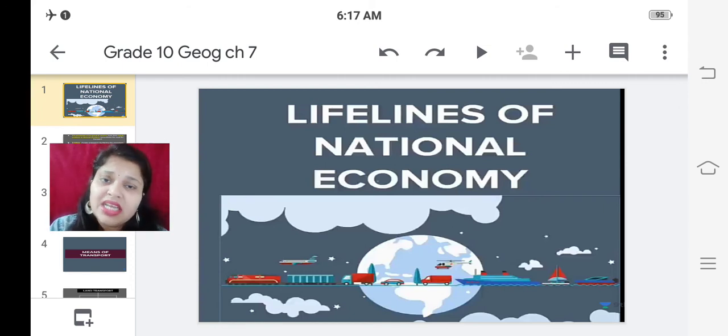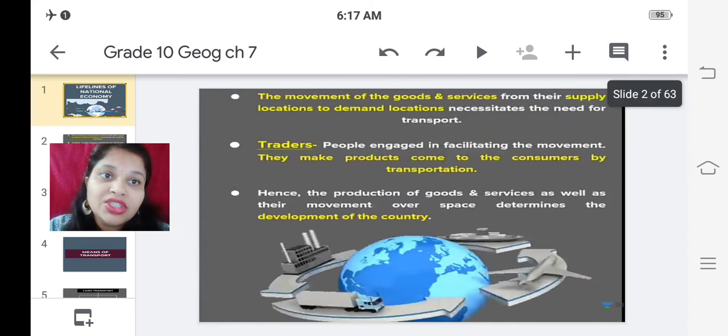And if there is less transportation of goods from one place to another, if there is less trade, if there is less communication development in the country, then that country is not getting economically developed, right? So transportation, trade and communication, these are the three pillars, lifelines of any nation's economy. We are going to study these three factors of national economy in this chapter.